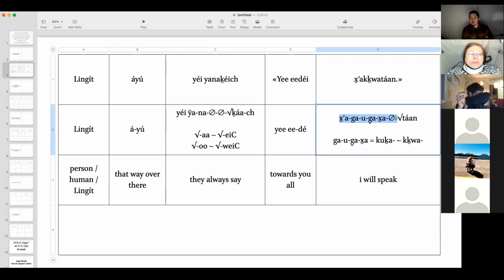There is sort of a hierarchy on how these things contract. Because once you get ga, ga, there's kind of quite a bit of contraction going on here. So what happens, this vowel gets knocked out. If you knock out this vowel in ga, it will switch to a K. That's just what'll happen.